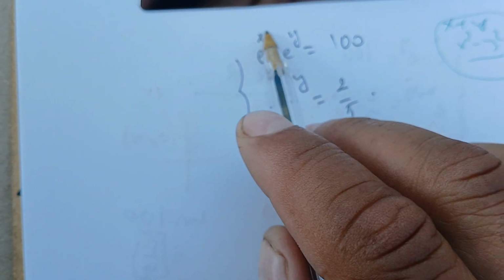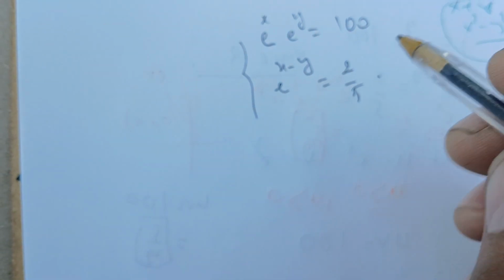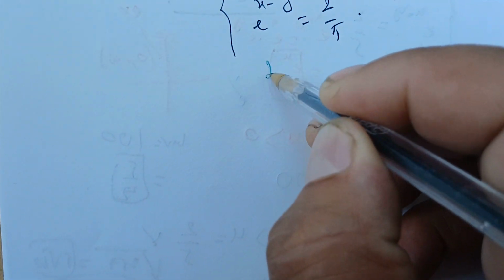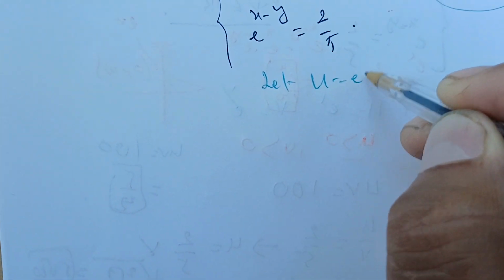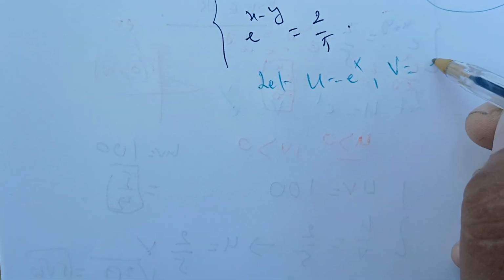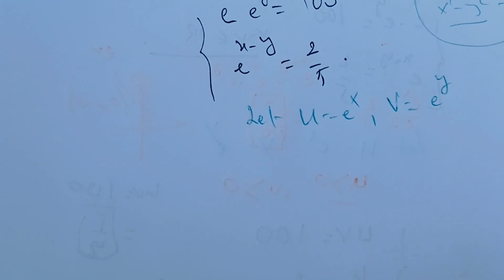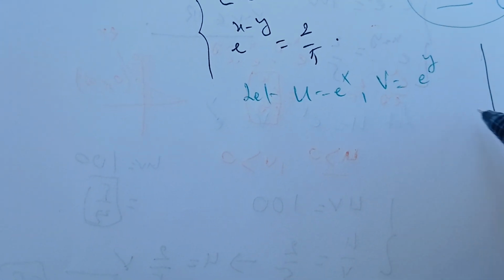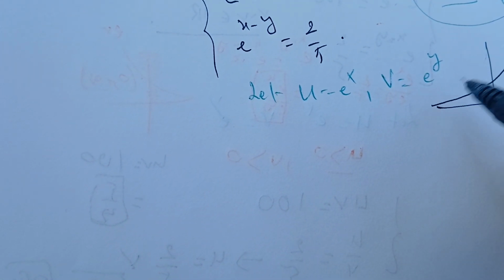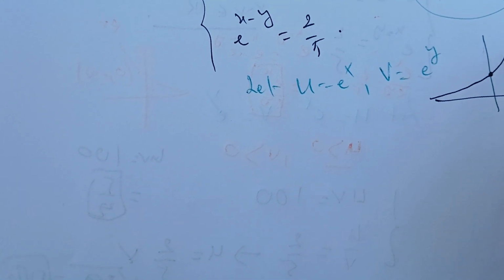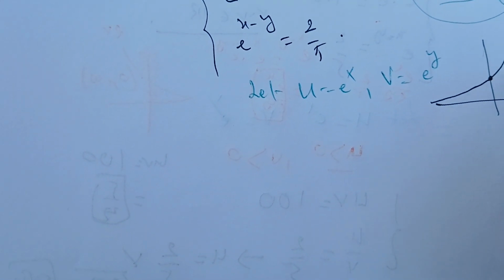Okay, so in fact, we can let u be e to the x and v be e to the y, with one condition that we want to make sure of.